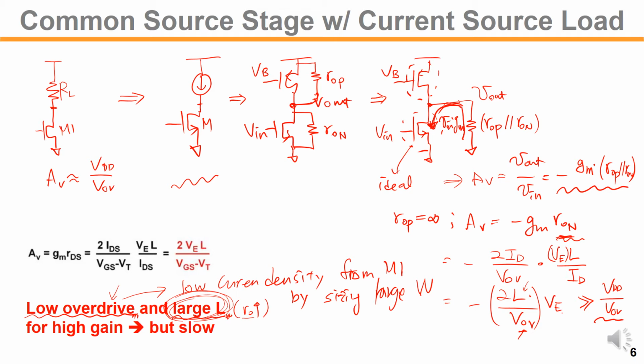This results in a large CGS eventually, and that reduces the FT, which goes down, and the circuit becomes slow.